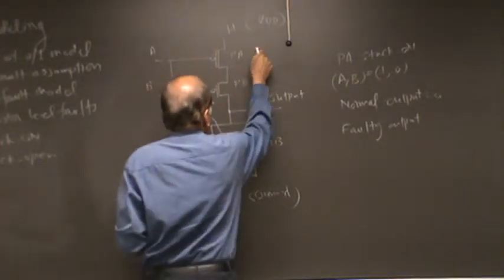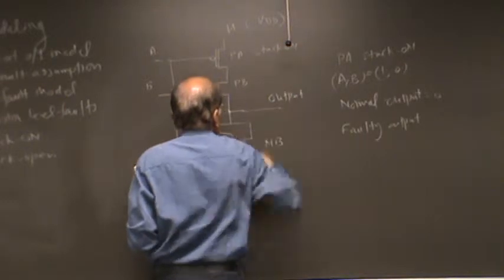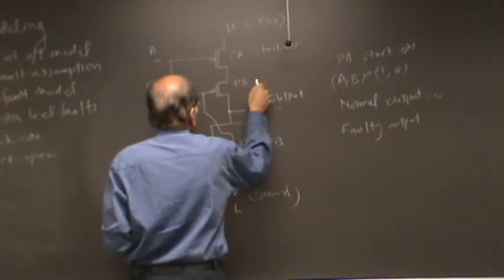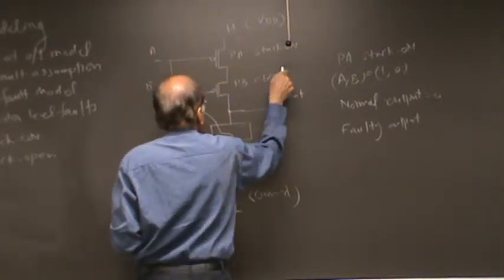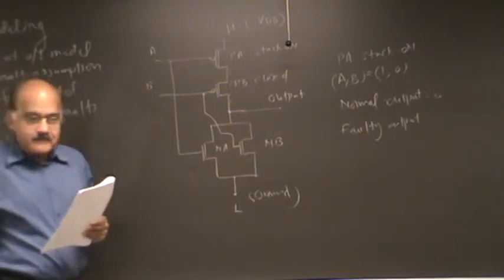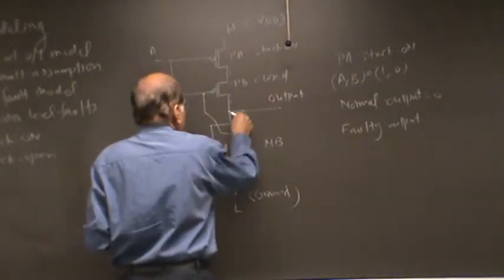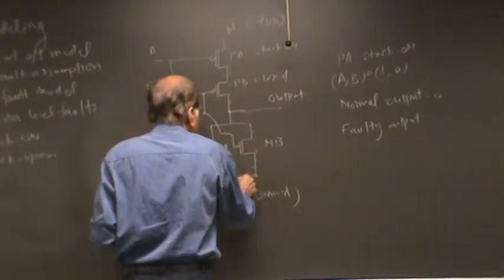So this is stuck on, and PB is closed. So you have a direct path between here and here.